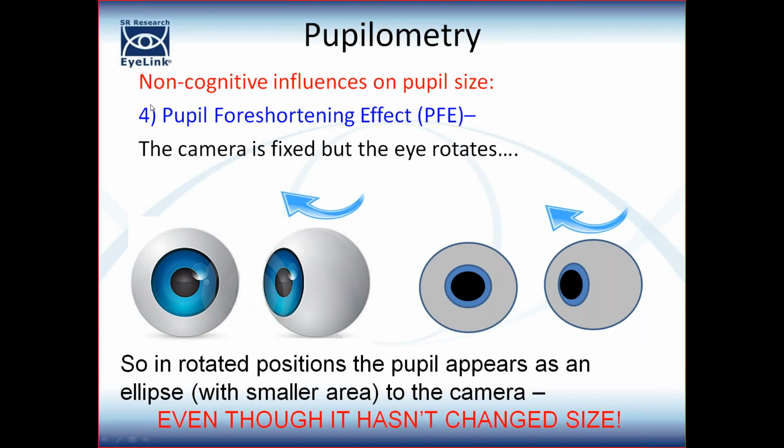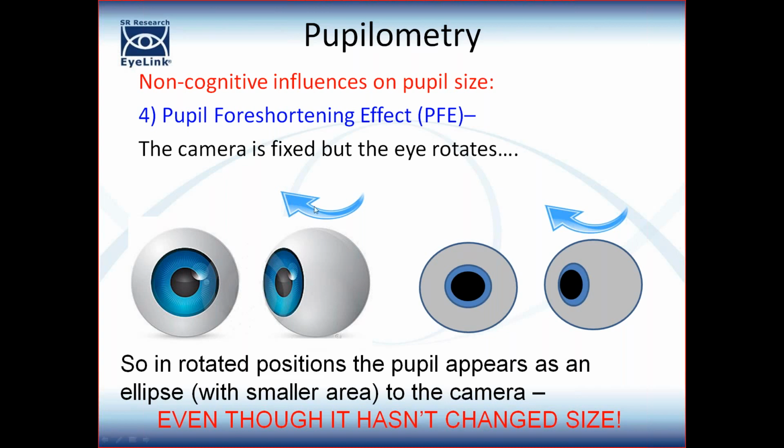Now this is a big one, the pupil foreshortening effect. In many eye tracking studies, it's not unreasonable that you may also be interested in gaze as well as pupil size. In other words, you want to know where people are looking, which implies that people have got things to look at, in which case they will rotate their eyes. Because the camera is fixed in its location, it has a fixed view of the eye.